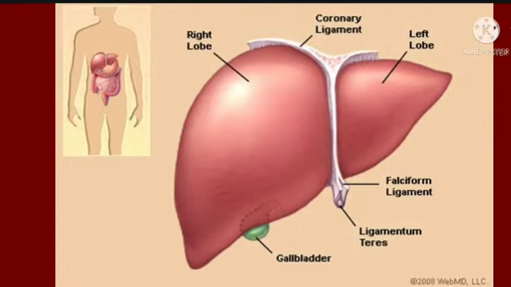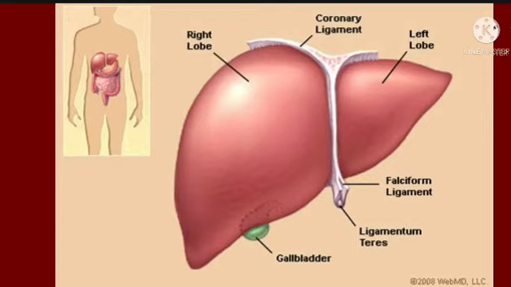These lobes are connected with the diaphragm. Each lobe has many hepatic lobules. Lobules are the functional units of the liver and are covered by a thin connective tissue called the Glisson's capsule.